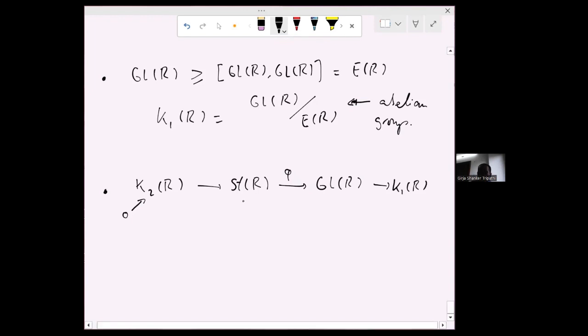So this is the Steinberg group with generators which you could think of as standing for infinite elementary matrices. So K2R is the kernel of this phi, and they show that it's actually an abelian group. That's how you define K2, and you would have seen that it's the center of the Steinberg group, the kernel of phi.